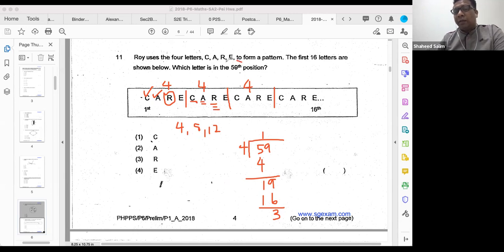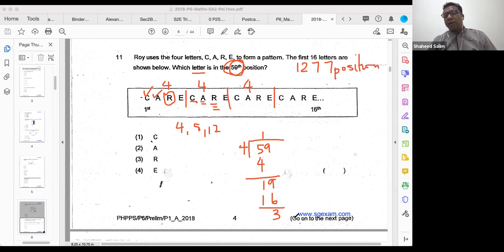So now let's say I give you a new number. You try, okay? Let's say I want to find which letter is in the 1277 position. Use the method I taught you, find the remainder, and then you get the answer. Come, boys, come. Which position is it? Is it C? Is it A? Is it R?